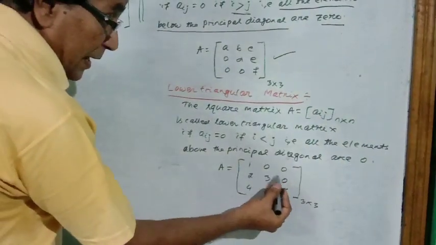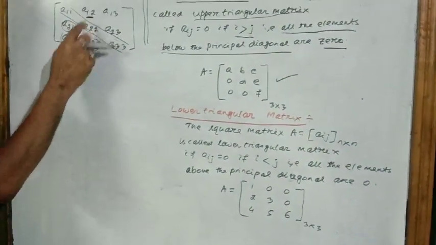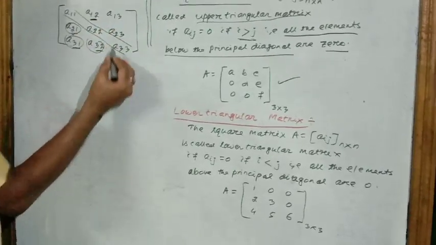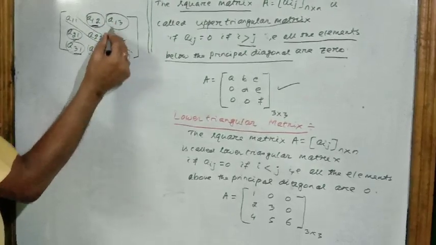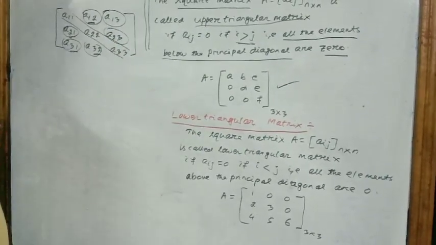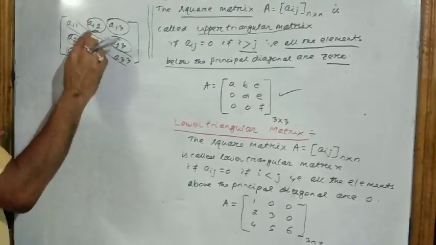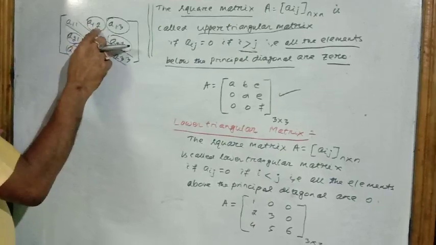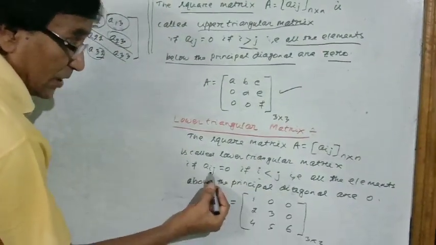Here you see 1 is less than 2, 1 is less than 3, 2 is less than 3. So in case of a lower triangular matrix all these three elements must be 0, because these are the elements where i is less than j.